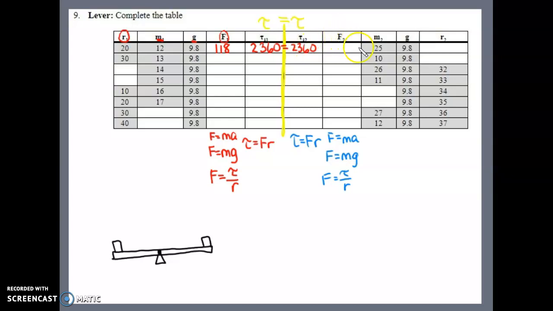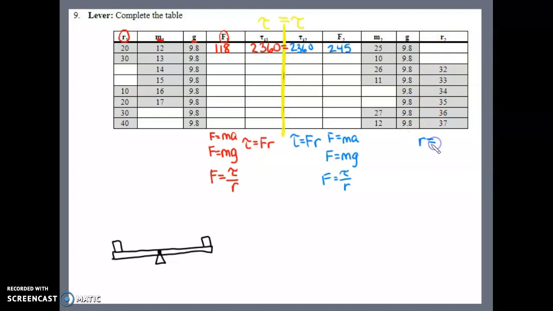And for force, it's mass times acceleration. 2360 should be in blue for this side. Okay, force, mass times acceleration. So 25 times 9.8 gives me 245. So now over here, my blank is the radius.